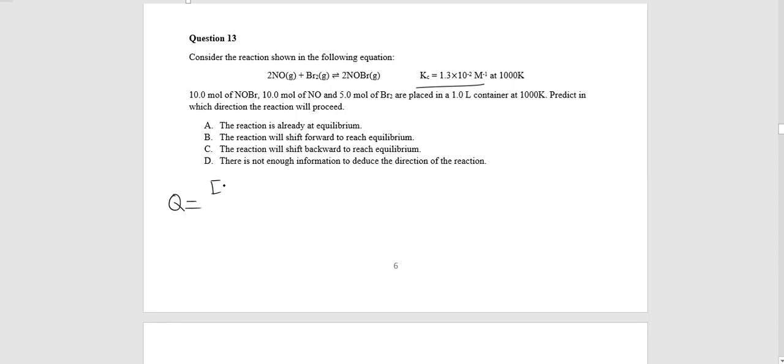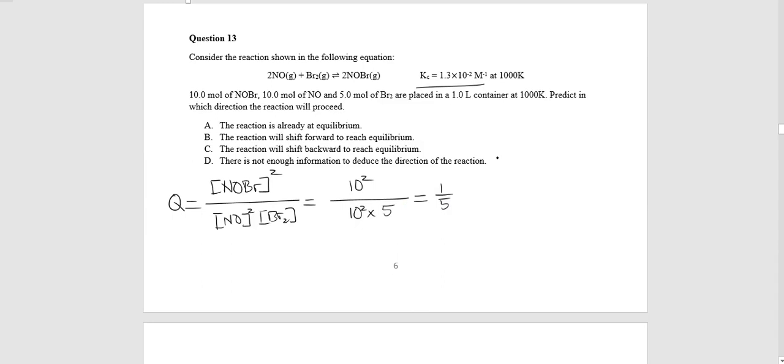So to calculate Q, I need to use the same formula that I would use for K. So it will be NOBr squared over NO squared and Br2. Okay, and that is going to be 10 squared over 10 squared times 5, which is about a fifth.